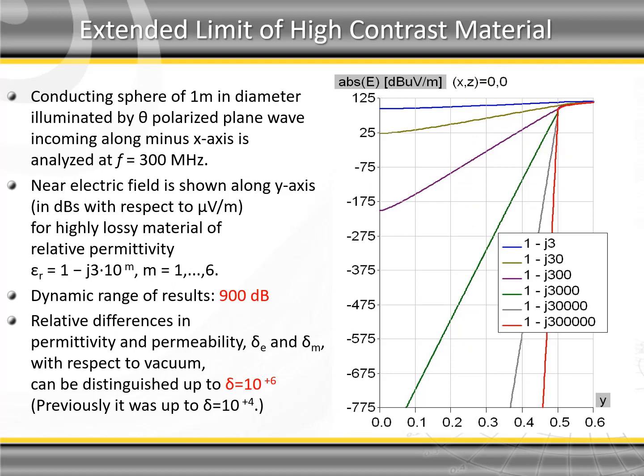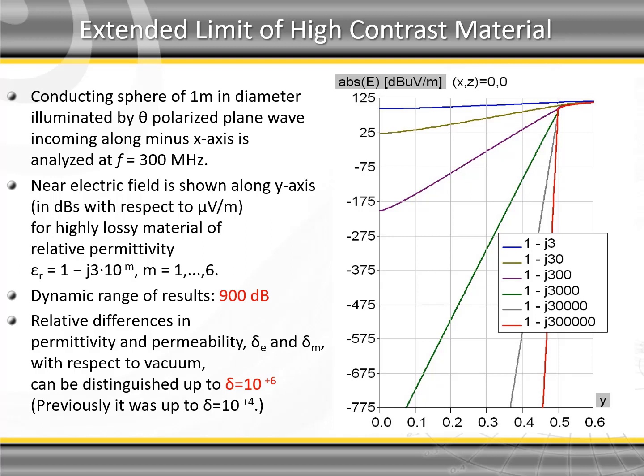Extended limit for high contrast material is demonstrated on the example of a conducting sphere of 1 meter in diameter, illuminated by a theta polarized plane wave, which is analyzed at a frequency of 300 MHz.